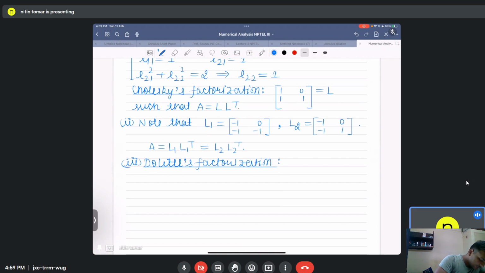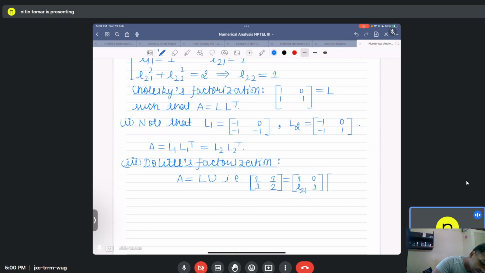So what do we need in Doolittle's factorization? We need A to be LU. A here is [1 1; 1 2]. L here is [1 0; L21 1].